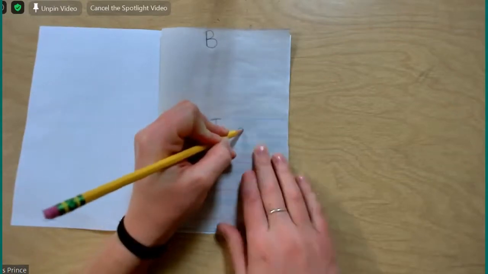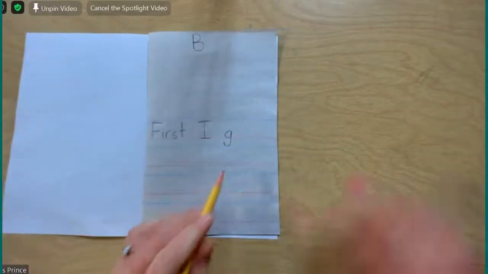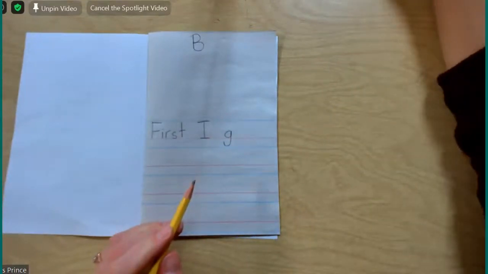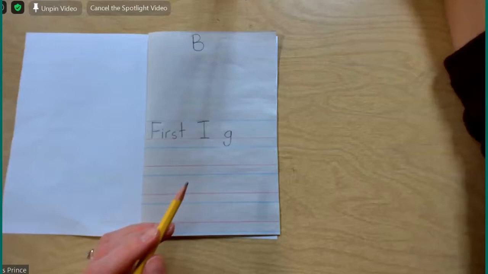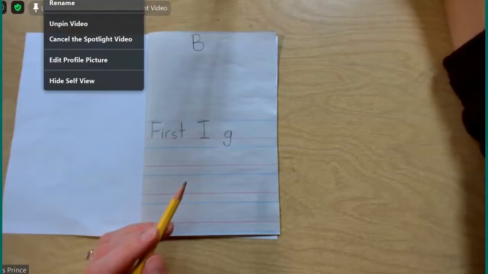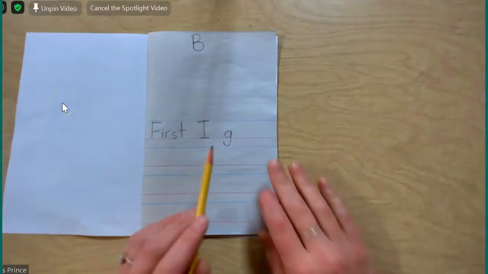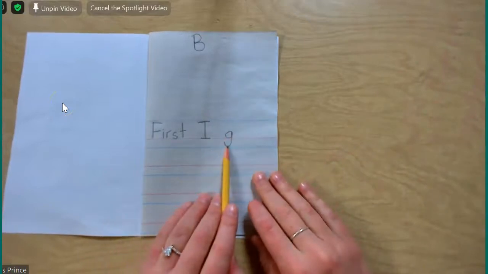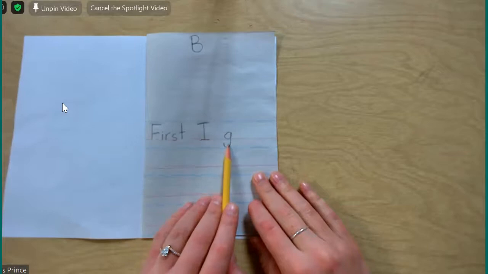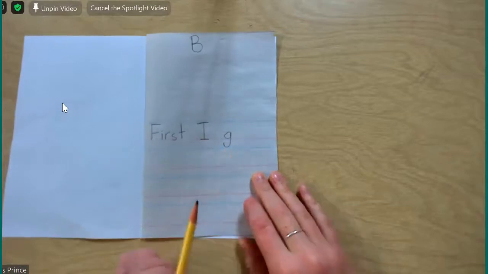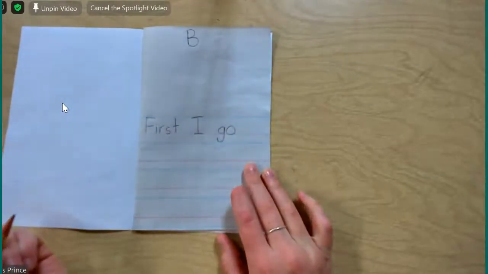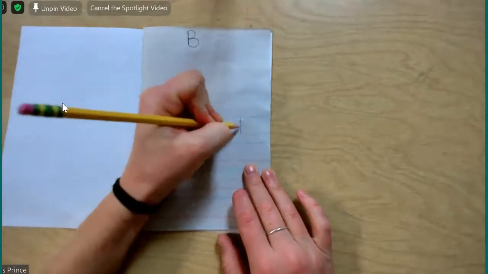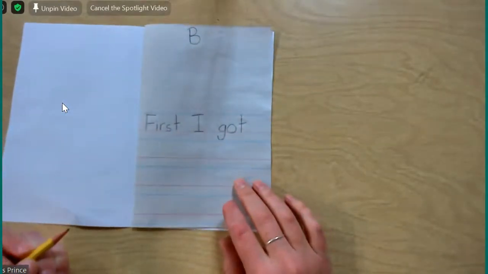G. What letter? Do you see what letter I put? G. What letter says ah? Ah. Good job. First, I got my.